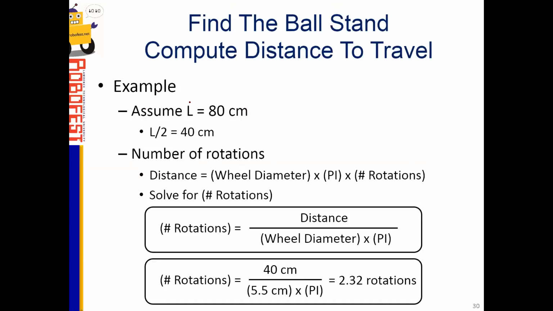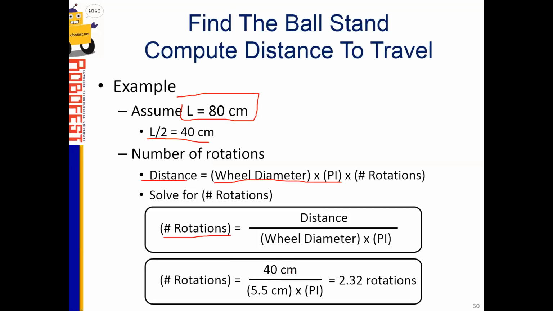So here, we're assuming our field is 80 centimeters long. 80 divided by 2 is 40 centimeters. So our number of rotations, so if we look, distance is equal to wheel diameter times pi times rotations. If we do a little bit of algebra, in other words, we divide both sides by wheel diameter times pi, our distance divided by wheel diameter times pi gives us the number of rotations we need to travel forward for.